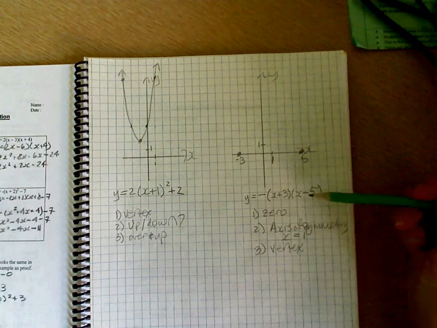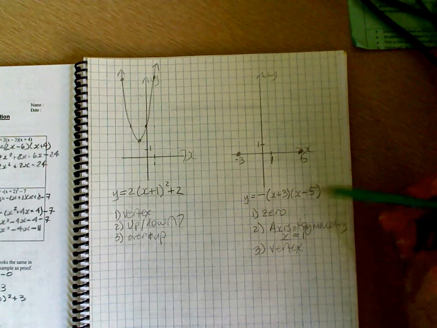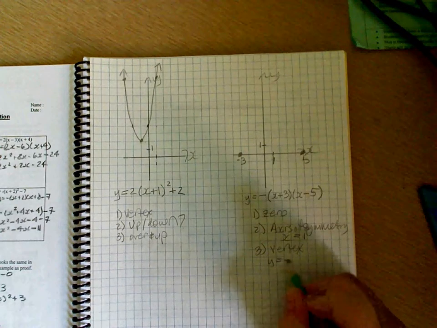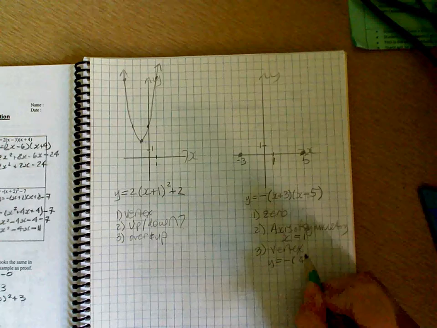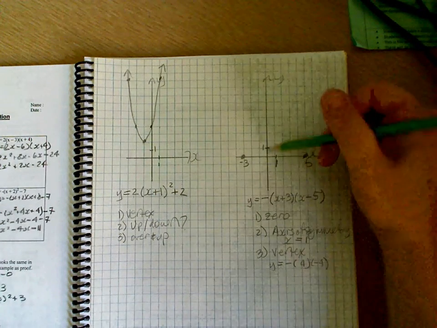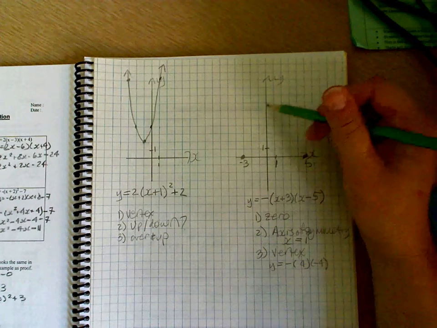So when x is 1, this is 4, this is minus 4. So negative times 4 times minus 4 is positive 16.